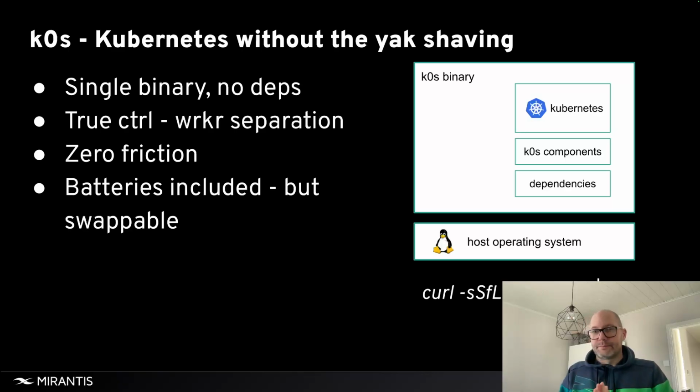And just as an example of zero friction, we have this curl way of setting up k0s. Just curl the get script and pipe it to shell, and within a minute or two, you actually have Kubernetes at your hands.